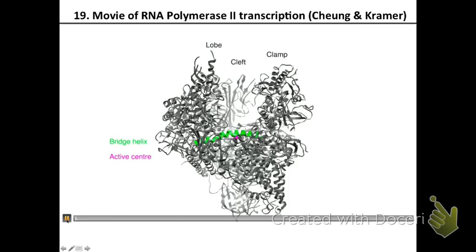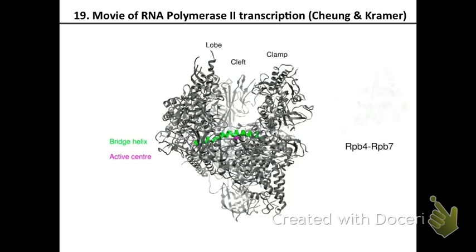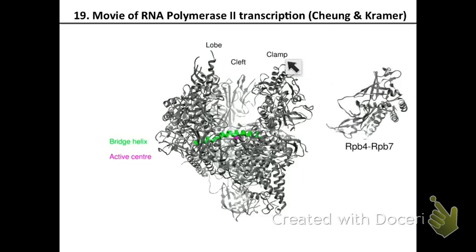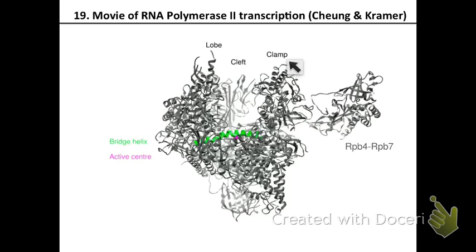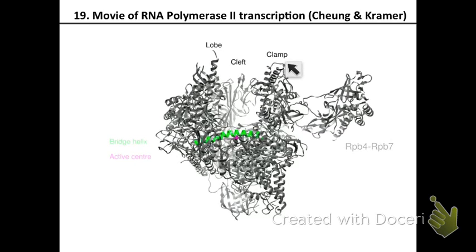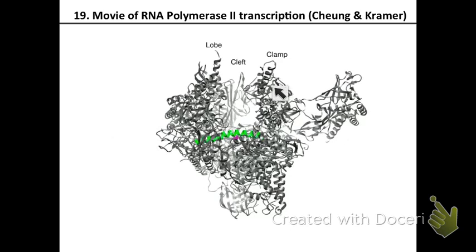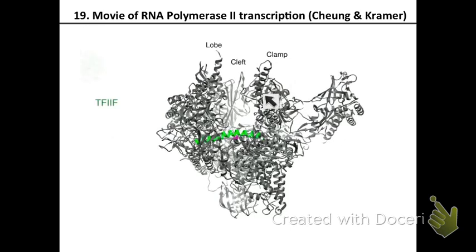Okay, so what you can see here is the RNA polymerase first, and it's facing like this, so the hand and the thumb are looking up. It's showing you the clamp domain and the cleft, and this is the active center with the magnesium. It complexes with some of the pre-initiation proteins, binding here.